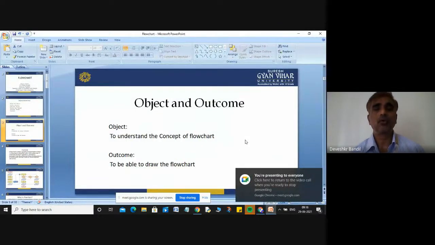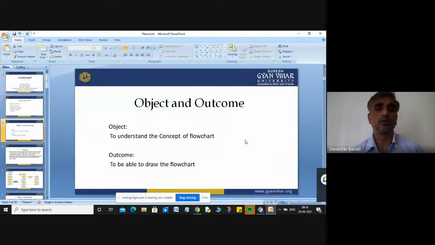If we will talk about the object and outcome of your flowchart, object of flowchart is that student understand the concept of your flowchart, why flowchart is necessary. And the outcome of this lecture is that student should know about how to draw the flowchart.